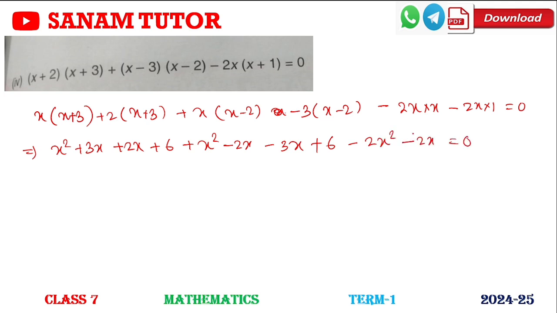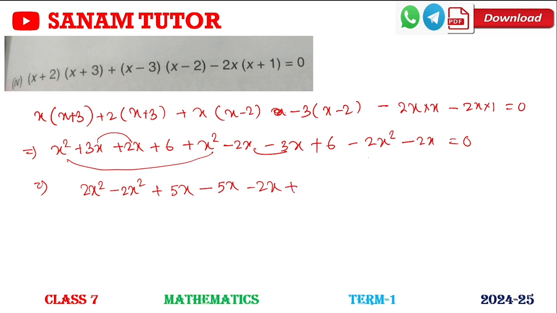Now arrange x square plus x square, that is 2x square, minus 2x square. Now arrange the x terms: 3 and 2, that is 5x, minus 5x, minus 2x. Now plus 6 plus 6 equal to 0.